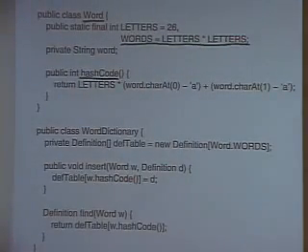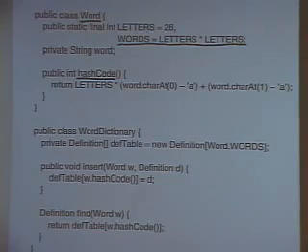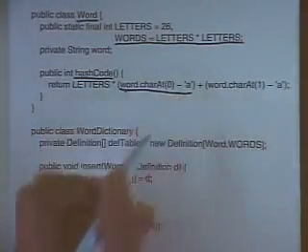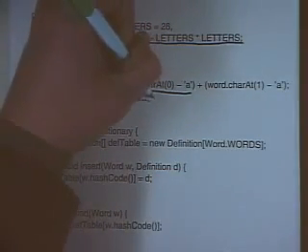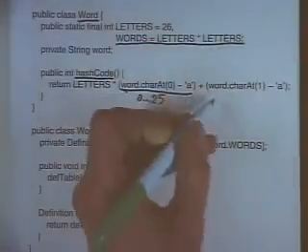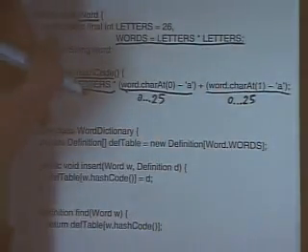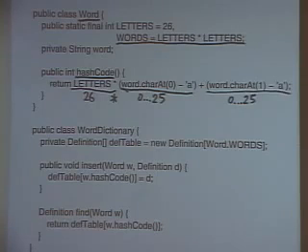The way you actually implement it is you take advantage of the handy fact that Java lets you treat a character as a number. And so you can mix characters with ints. So you take whatever the first character is in the word, and you subtract a, and that gives you a number between 0 and 25. Like a would be 0 and z would be 25. And then you do the same thing with the second character, giving you another number between 0 and 25, and those signify your letters. And you multiply the first one by 26, and then add the second letter. And so that's how you map a two-letter word to a unique number between 0 and 675.